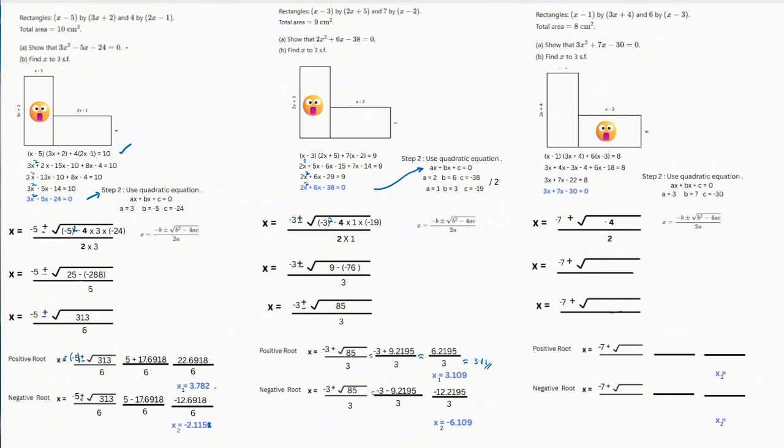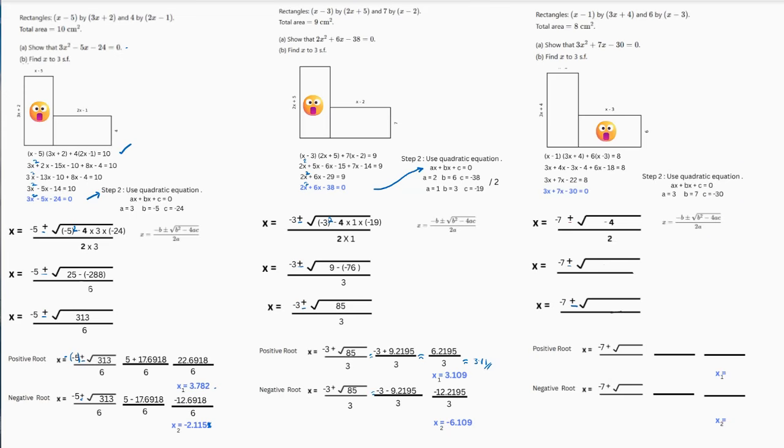Okay. So this is the final question, and we're going to use exactly the same steps as before, but we're going to do it together. If you want to pause the video and try it yourself, then check your answer after, that's absolutely fine. So first step is put our equation into the right form. So we've done our x minus 1, 3x plus 4, and all that equals 8.